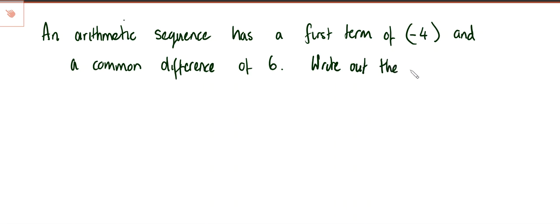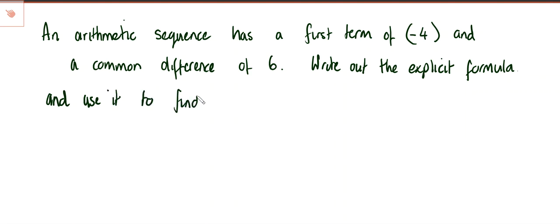Write out the explicit formula and use it to find U101.